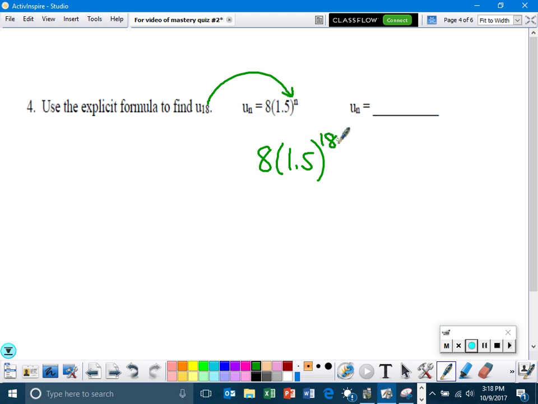All right, type that in on your calculator. 8 times 1.5 to the 18th power, and we're going to have to round it, 11823.14. Okay, we can round it to 2 decimal places. All right, that's problem number 4.